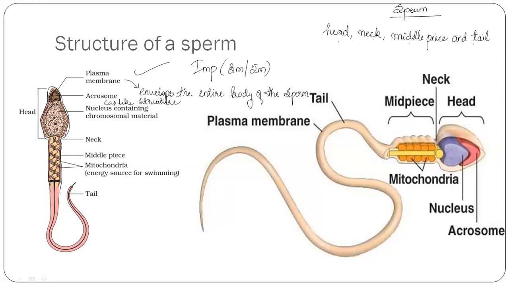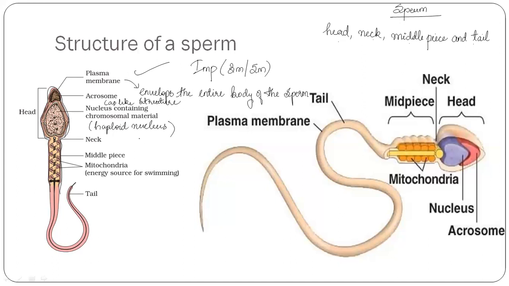This head part consists of a haploid nucleus, which consists of the chromosomal material, that is the DNA.